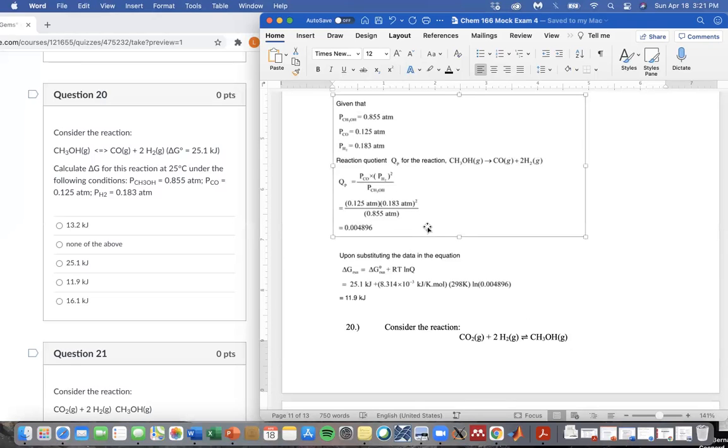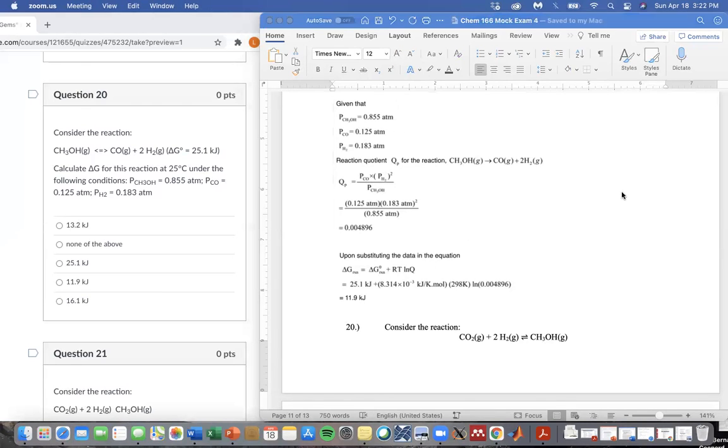We were given our delta G standard. We were given our temperature in Celsius, so in order to convert to Kelvin, we had to add 273. The other thing to notice is that usually your constant 8.314 is in joules per mole Kelvin.